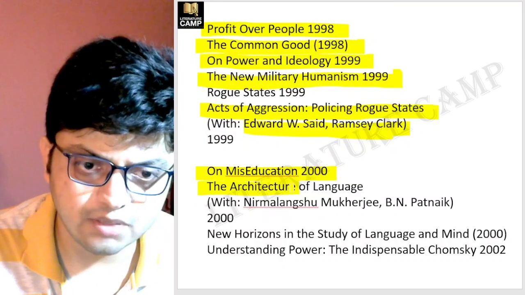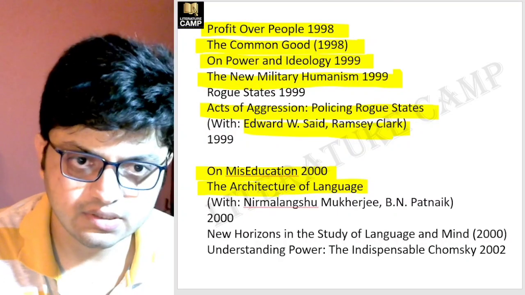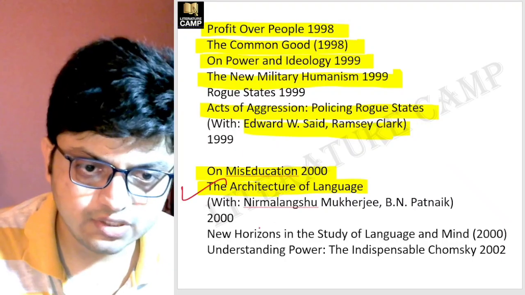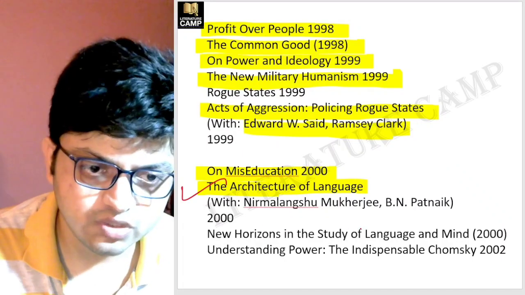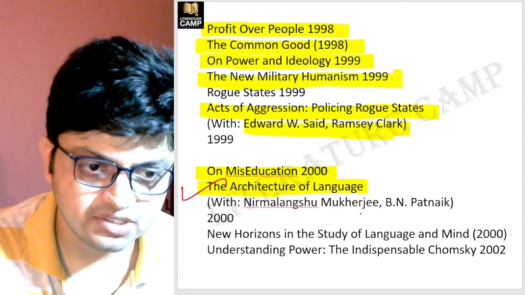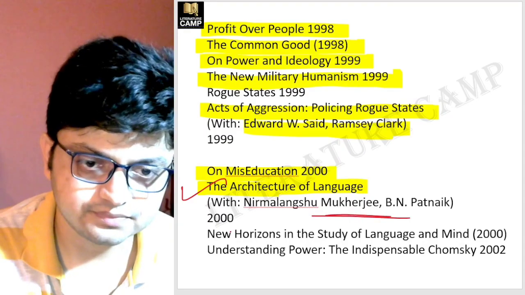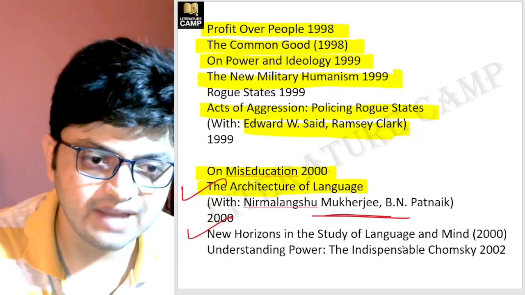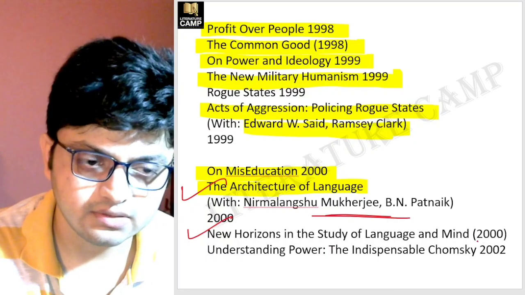The Architecture of Language, this work is important. The Architecture of Language, written with Nirmalangshu Mukherjee and B.N. Patnaik. All right. Next work, New Horizons in the Study of Language and Mind, published in 2000.